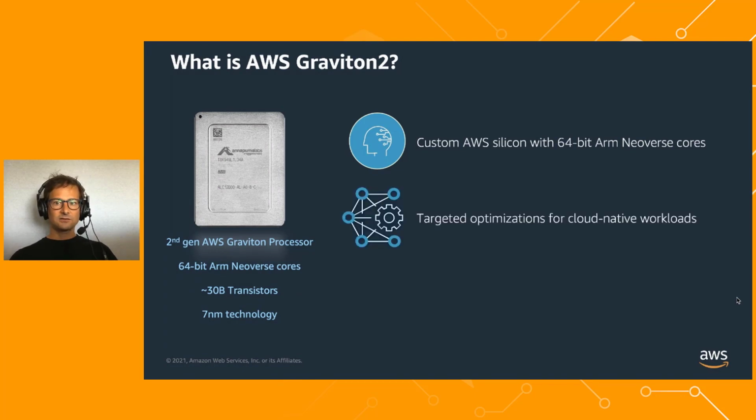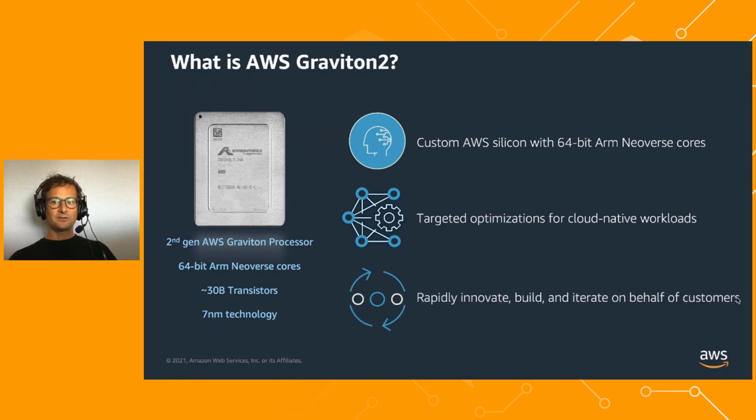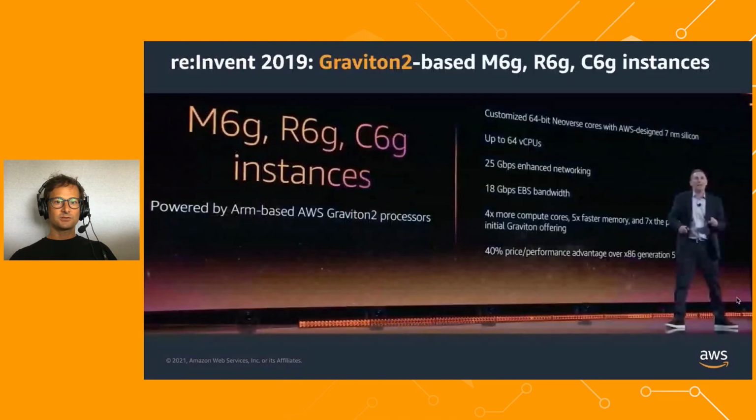So it's a custom piece of AWS silicon that is using the 64-bit ARM Neoverse cores, and we built it to target cloud-native workloads. The goal was really for us to build a processor that would be perfectly suited for the workloads that our customers are running in the cloud, and benefiting from their feedback to rapidly innovate, build, and implement newer generations of those processors.